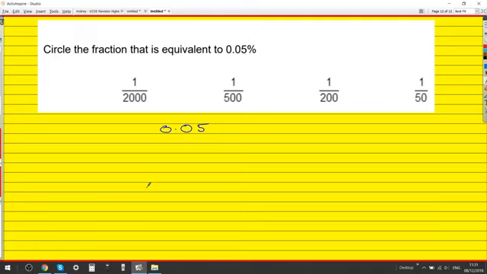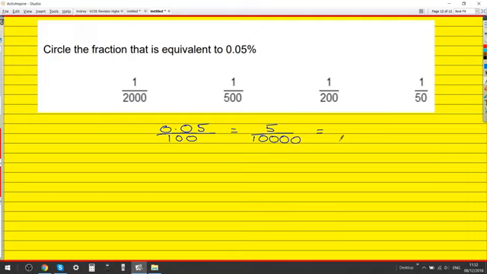What does percent mean? How much in 100? Yep. So you could write that as a fraction over 100. What would that be with no decimals in it? 5 over 100. So what did you times the top by? 100. And so do the same to the bottom. 100,000. So 2 zeros times 2 zeros. And simplify.